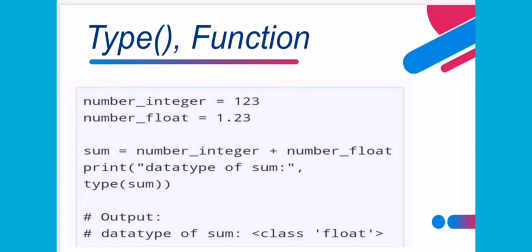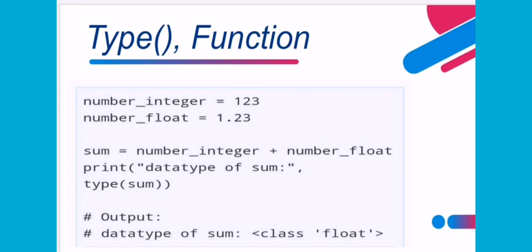When we run this program, you can see the output of this program is class float. So using this type function we can find the type of a variable, whether it is a float, an integer or a string type.